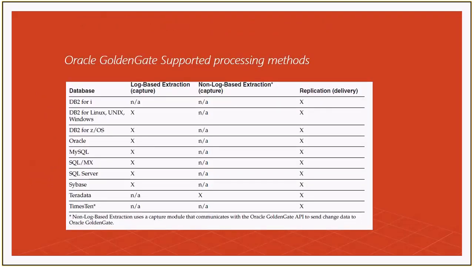Moving on to the next one, these are the Oracle GoldenGate supported processing methods. GoldenGate is very powerful when we talk about heterogeneous environments. It is not just for Oracle to Oracle. It can be used for DB2, Oracle, MySQL, MS SQL, Sybase, Teradata, and TimesTen.